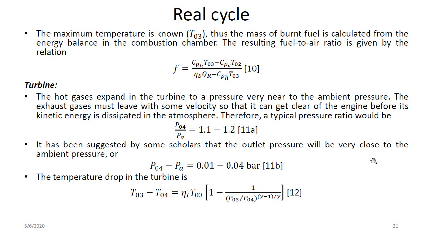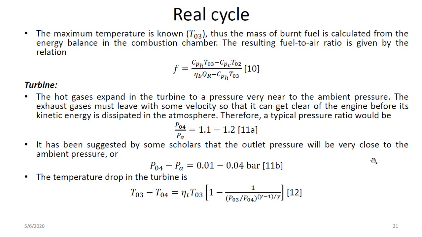And other scholars have suggested that the outlet pressure will be very close to the ambient, at least. So the difference between P04, outlet to the turbine, minus the ambient could be 0.01 to 0.04 bars. This seems to be a very small amount, but it could be considerable.